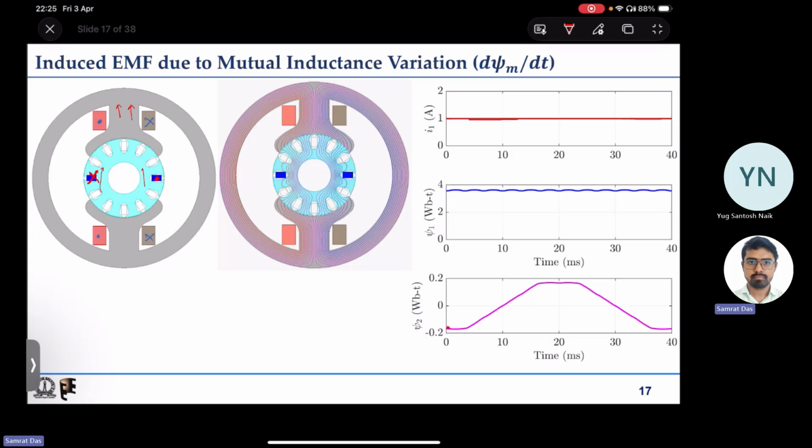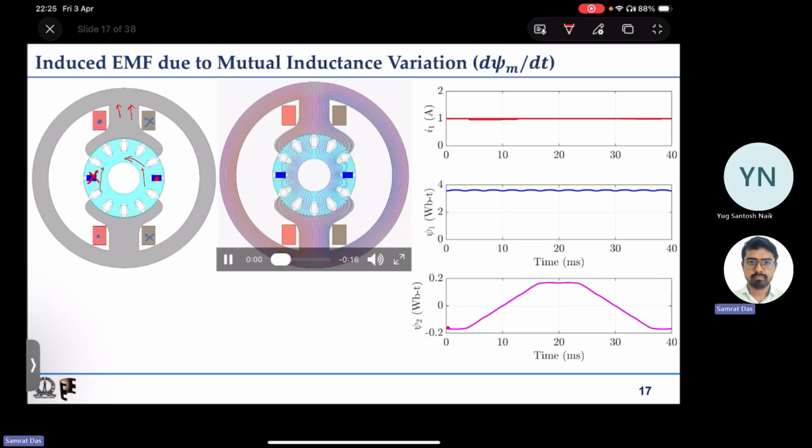Now what happens if this rotor is rotating? For this position you can see that due to this current there are some flux lines and the flux lines are linking the blue coil. Now if I rotate it, then you can see that the flux linkage of the second coil keeps on changing.